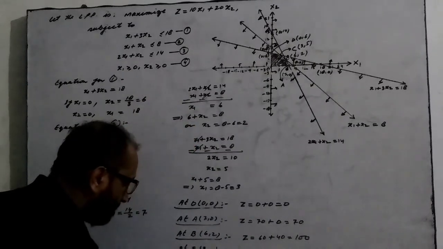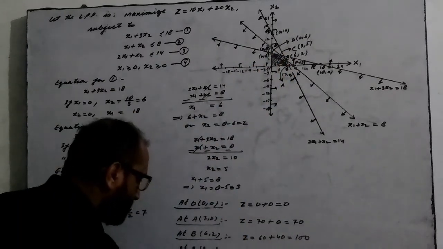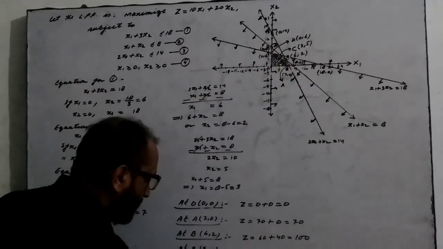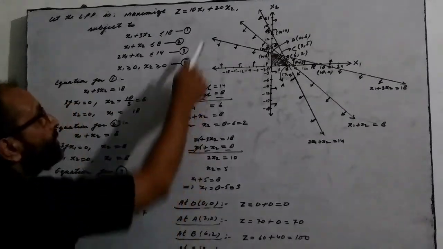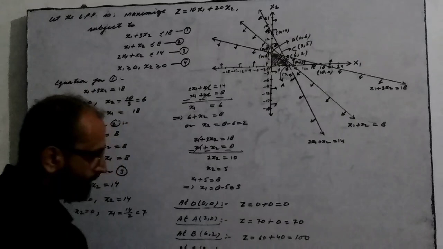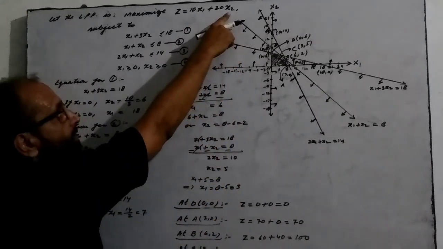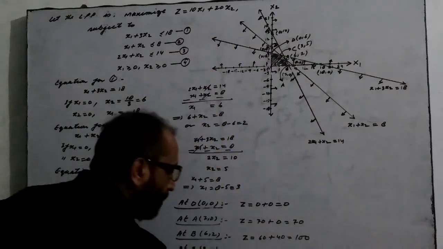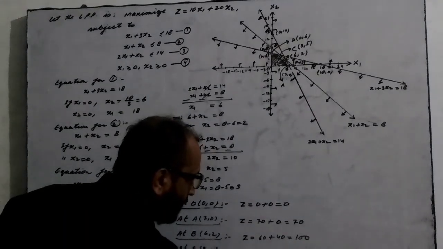Now at last, at the corner point D, whose coordinates are 0, 6, z is equal to 10 into 0, that is 0, plus 20 into 6, that is 120. So we have 120.